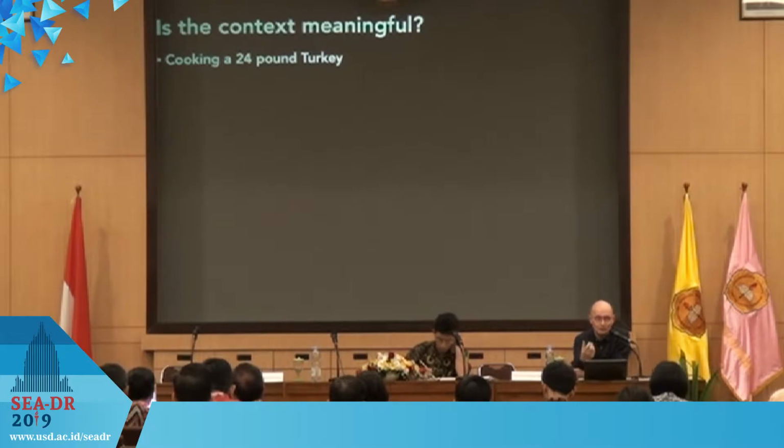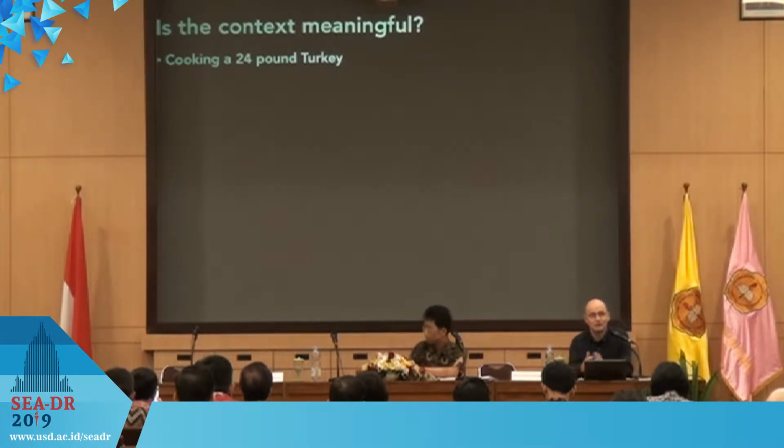Now, one context that is used in the United States a lot is the context of cooking a turkey, a kalkoen. A 24-pound turkey, you put it in the oven, 50 minutes per pound. How long do we need to cook it? Now, that works great in the United States. It will work okay in the Netherlands. We don't know pounds, we only know kilos.